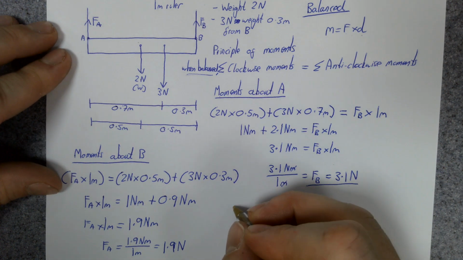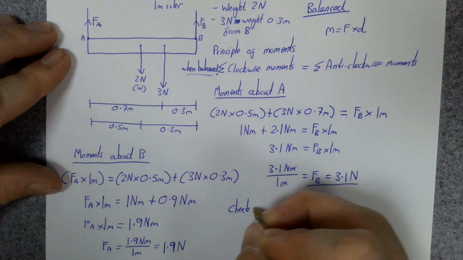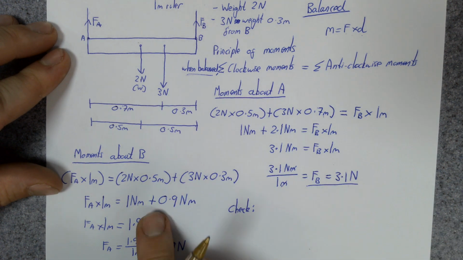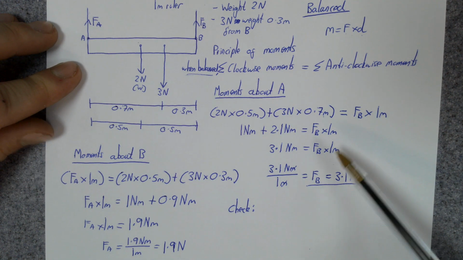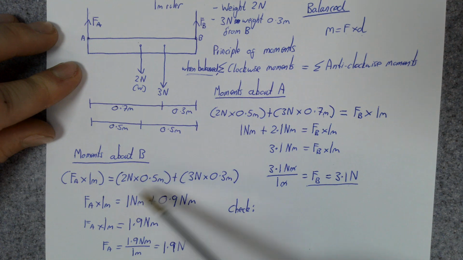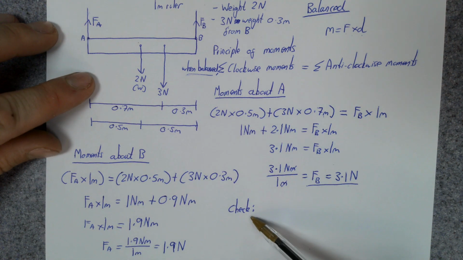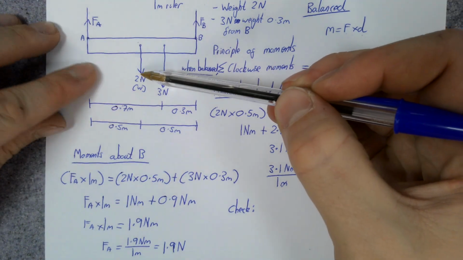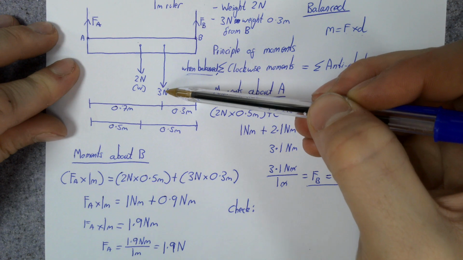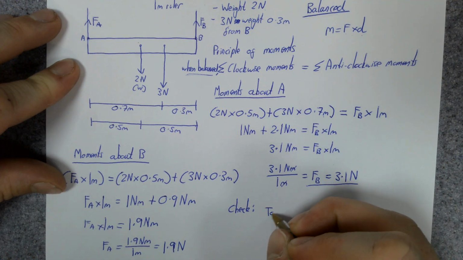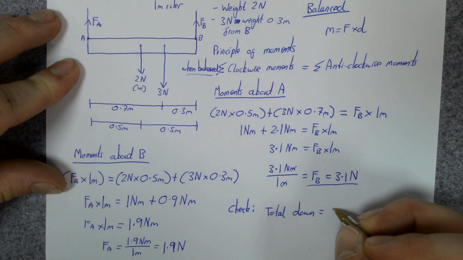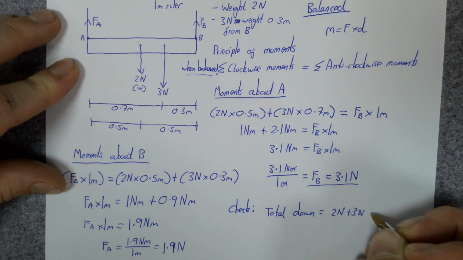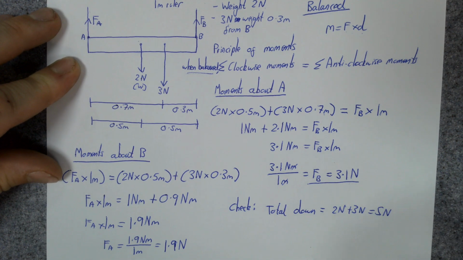Now here's your check. And I'd always suggest doing this first before you do this check. It will work out better because if you made a mistake here, this check won't work if you don't do this in full. The check is the total force down is 2 newtons plus 3 newtons equals 5 newtons.